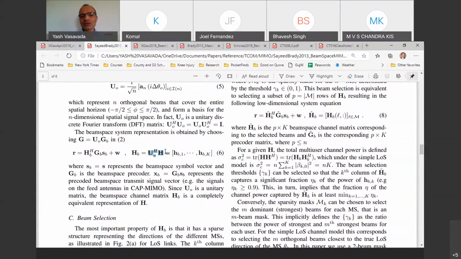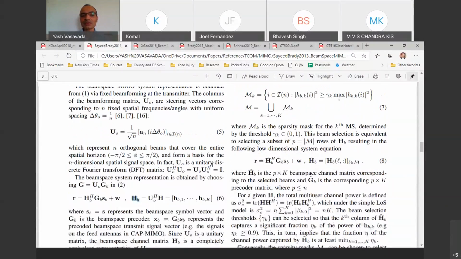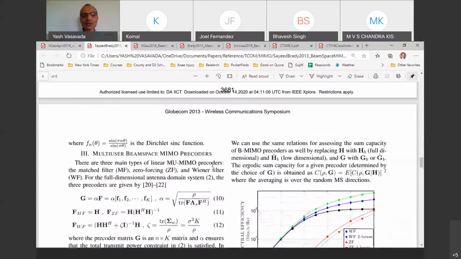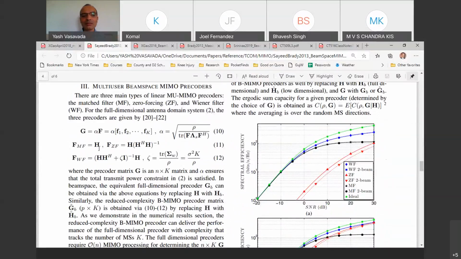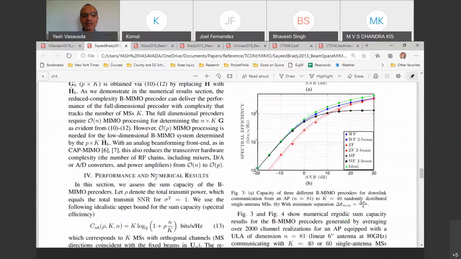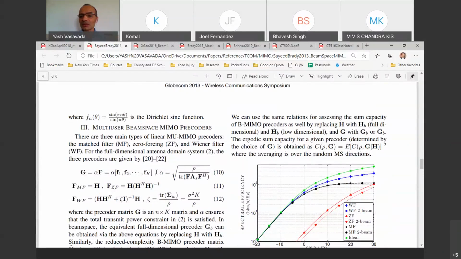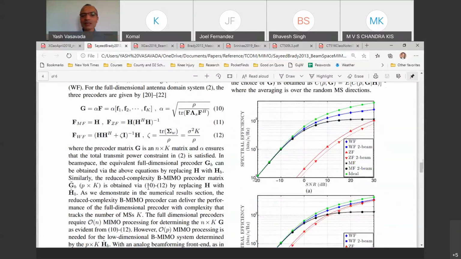Once they do the discrete Fourier transformation of h, most of the elements will become zero, and so they can reduce the dimensionality of h. Therefore, in the beamforming part they make use of h of b instead of h, although here in this formulation they are making use of full h.